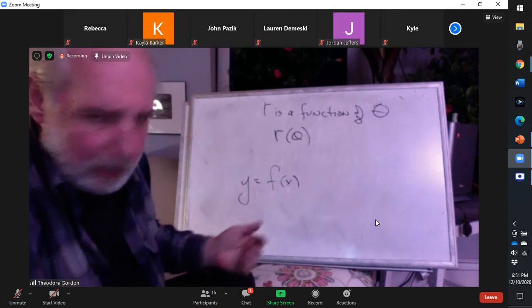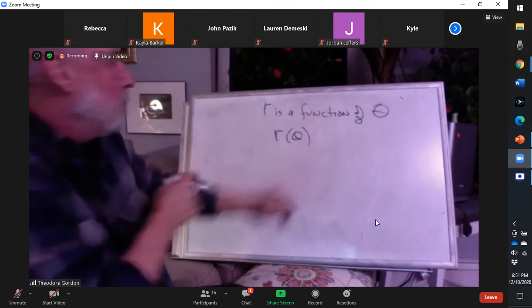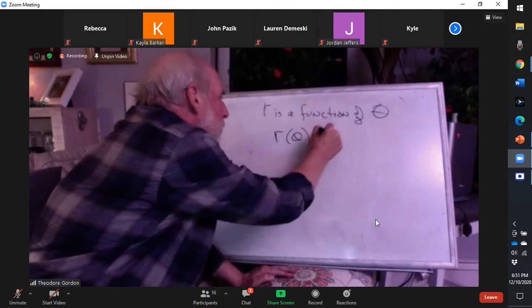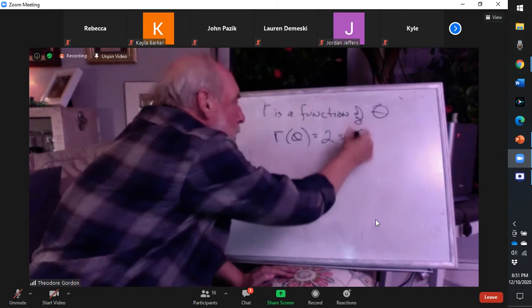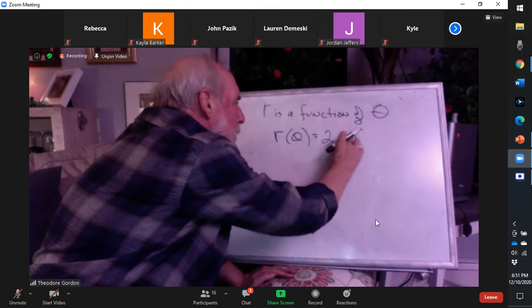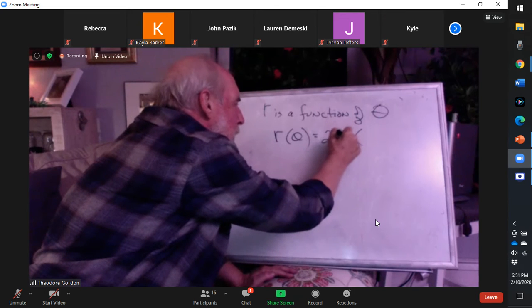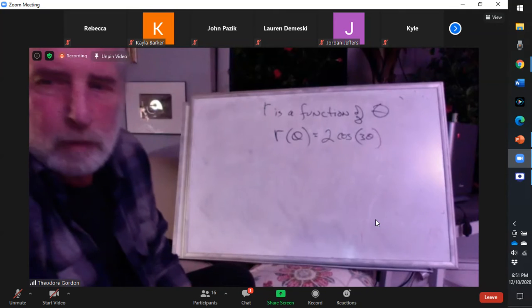For example, here's an example of an equation in theta. We can have 2 times the cosine of 3 theta.